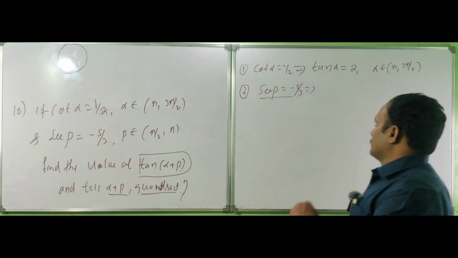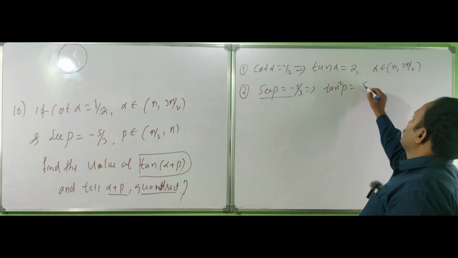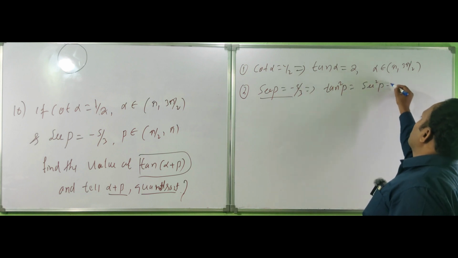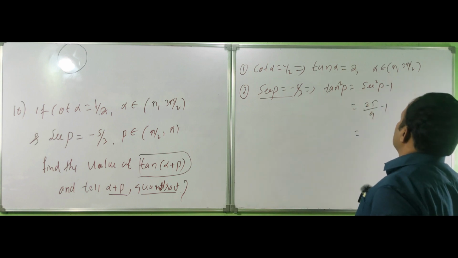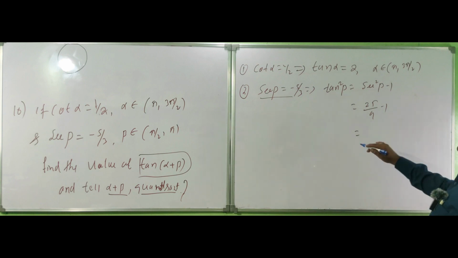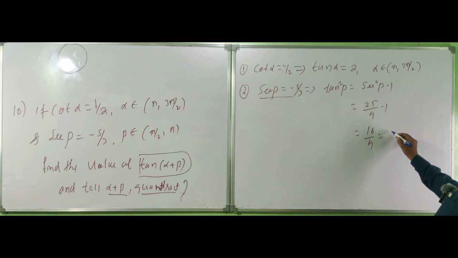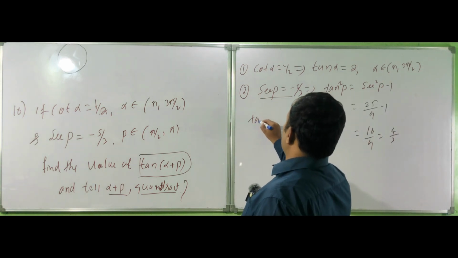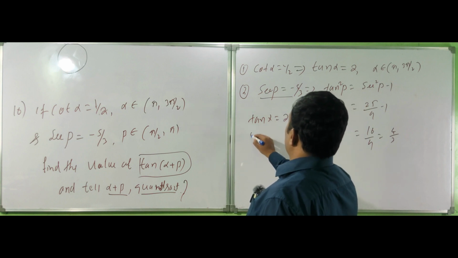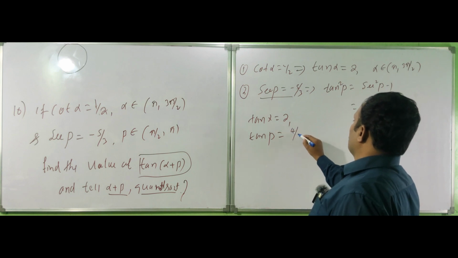This implies tan square beta is equal to sec square beta minus 1. What is 25 by 9 minus 1? This becomes 25 minus 9, which is 16 by 9. This gives 4 by 3. Therefore, tan alpha is equal to 2 and tan beta is equal to 4 by 3.